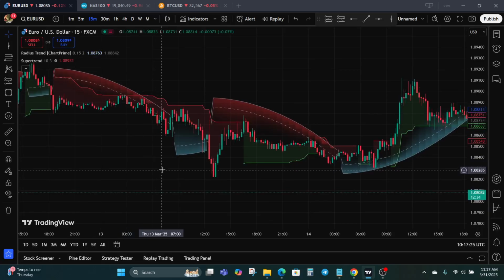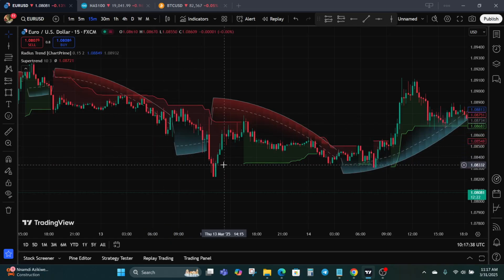Now, if you are a scalper, the radius trend gave a signal to catch this short pullback. But it seems like the super trend didn't give any signal at all because it was focusing more on the overall trend.